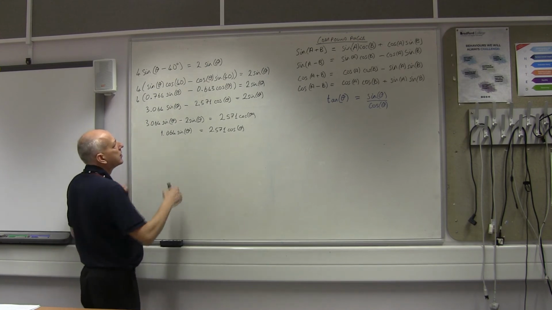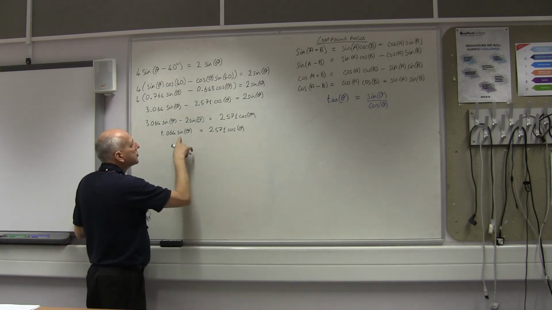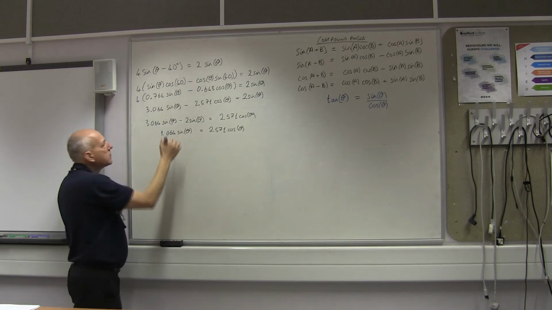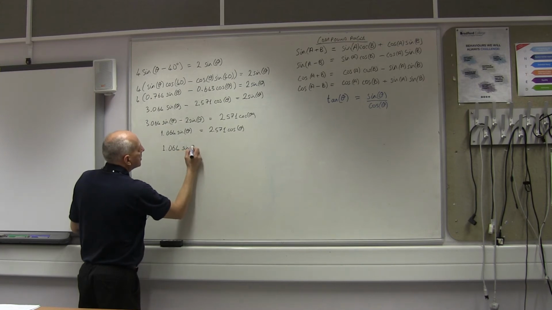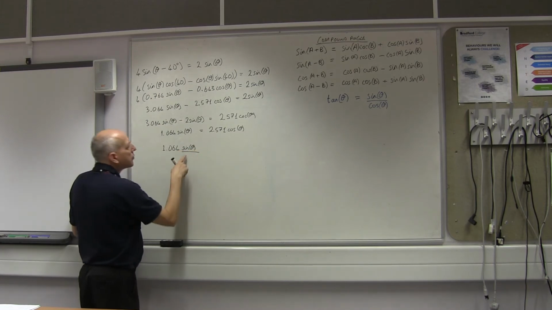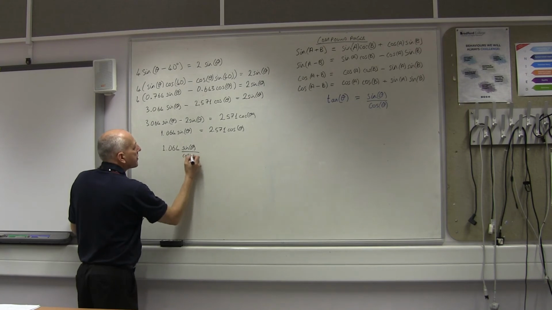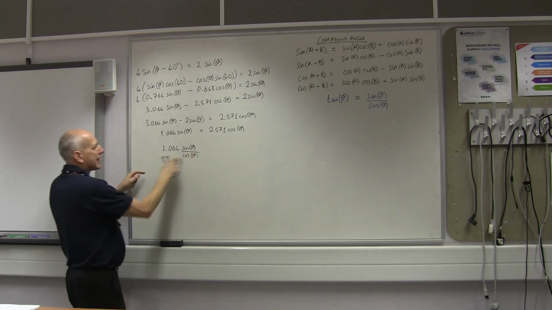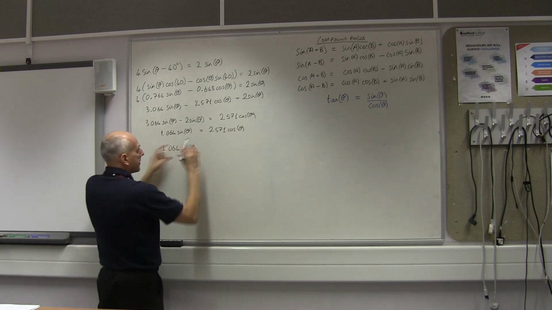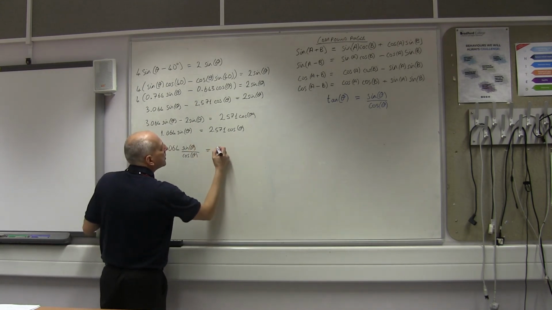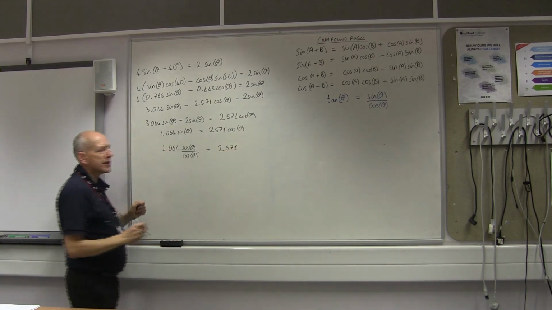So if I divide through by cosine to get this cosine over here, let's put all the steps in. I'll just put the cosine theta on this side. Obviously it applies to all of it, I could have that divide over all of it, but I'll just define that that is the tan. And that will leave me with 2.571 on the right hand side.